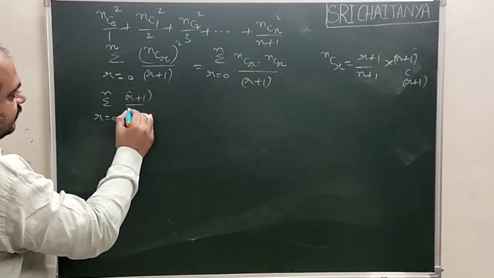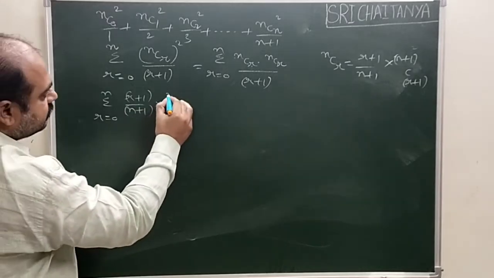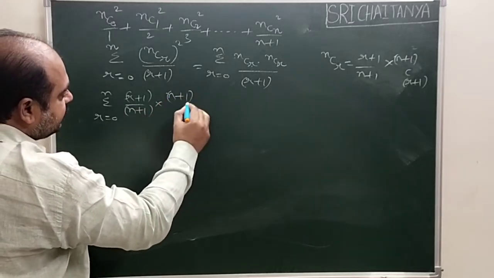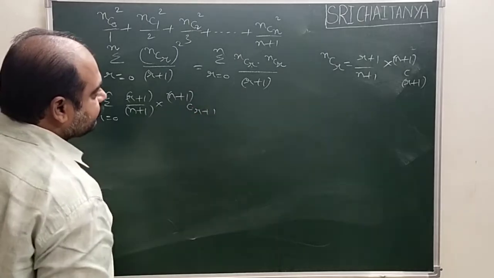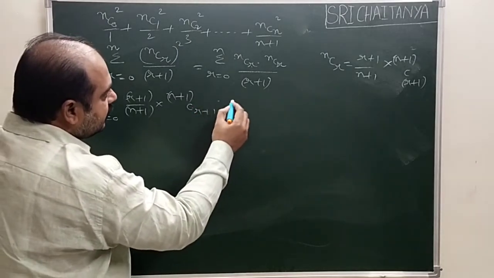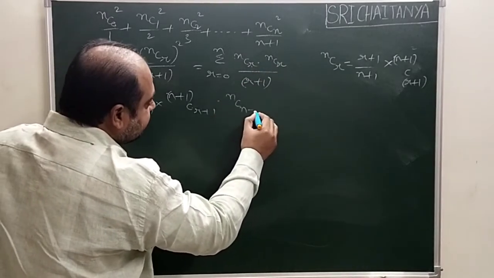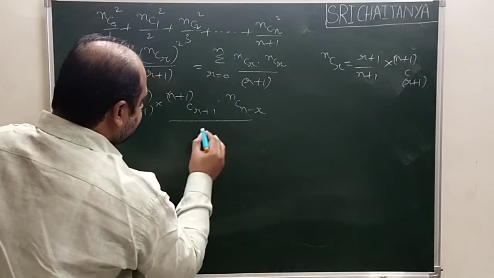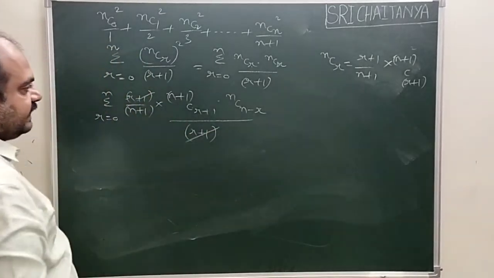So r plus 1 divided by n plus 1 into n plus 1 c r plus 1, into this I am writing nc n minus r, divided by r plus 1. This got cancelled.